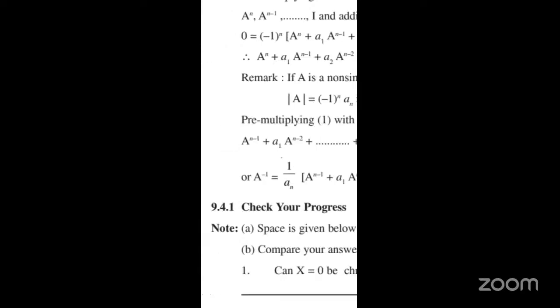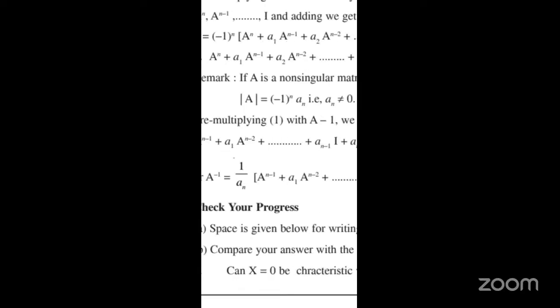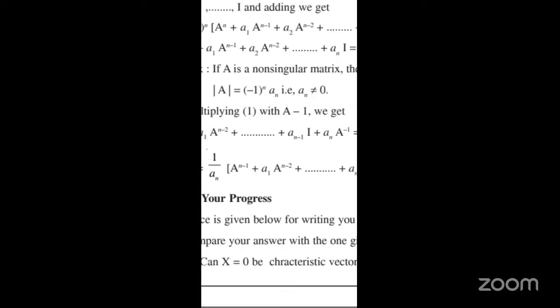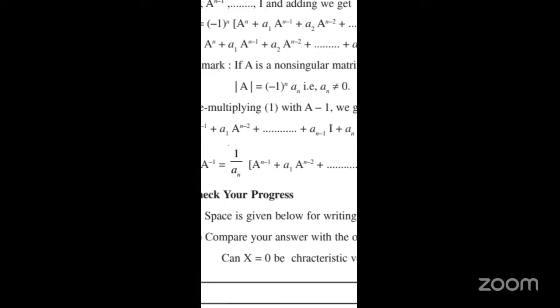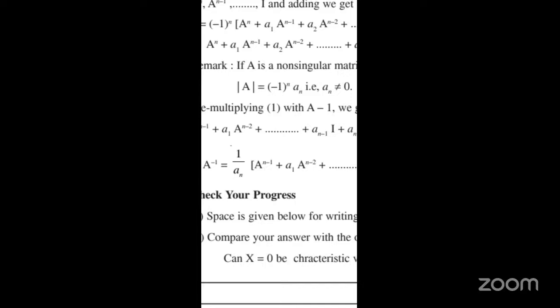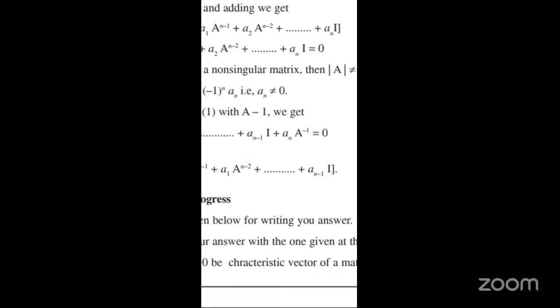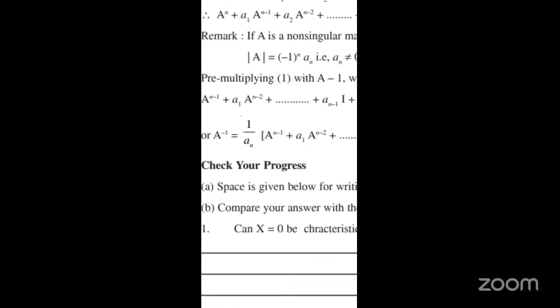Finally, an into A inverse, the expression must be moved to the right side. Now A inverse equals minus 1 by an of A power n minus 1 plus a1 into A power n minus 2 plus and so on plus a n minus 1 into I.